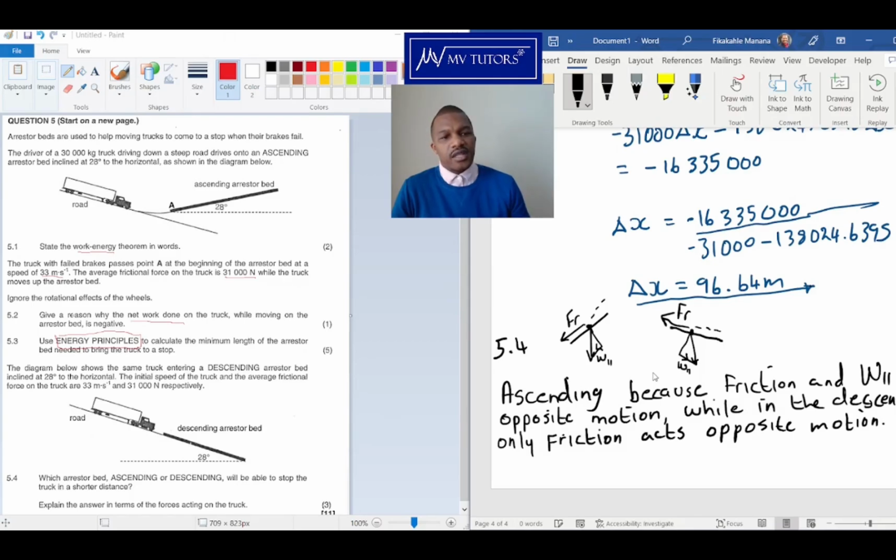Okay, but that's not enough just to say that. You have to qualify it. So I will say, thus, the greater the force, the greater the distance required.